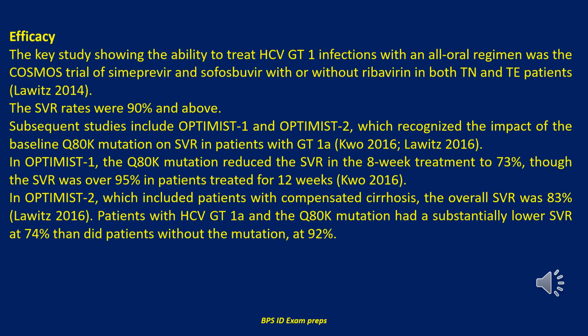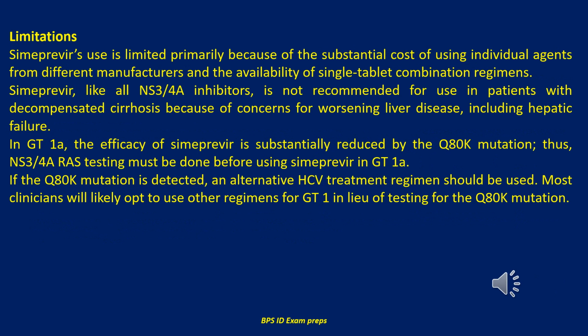Patients with HCV genotype 1a and the Q80K mutation had a substantially lower SVR at 74% than did patients without the mutation, at 92%.